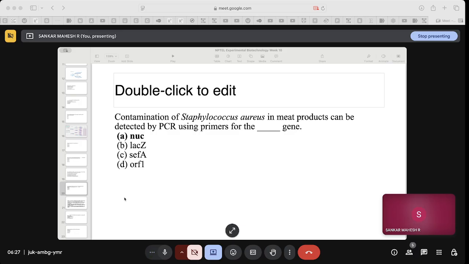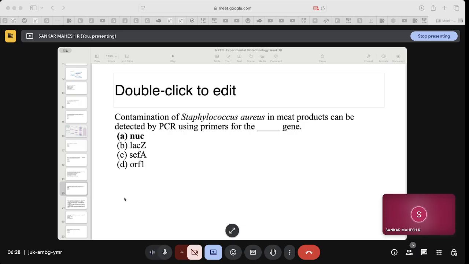Okay, LacZ. No, it can't be just Enterobacteriaceae.